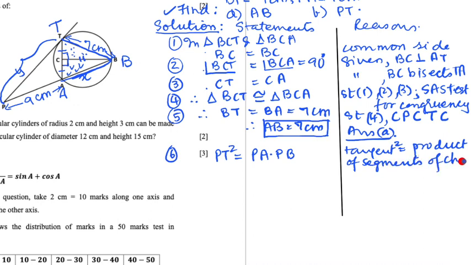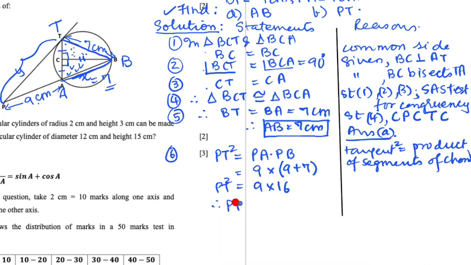of chord, and so PA is 9 centimeters multiplied by PB is 9 plus this comes out to be 7, right? So it is into bracket 9 plus 7. So we have PT square is equal to 9 into 16.